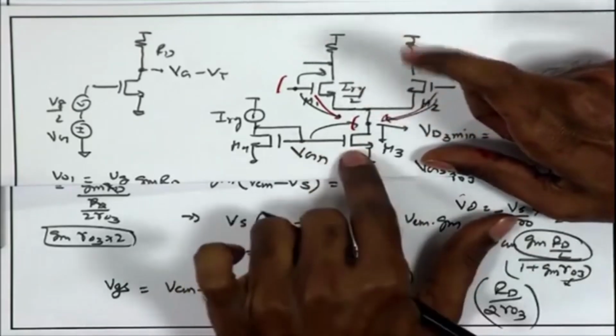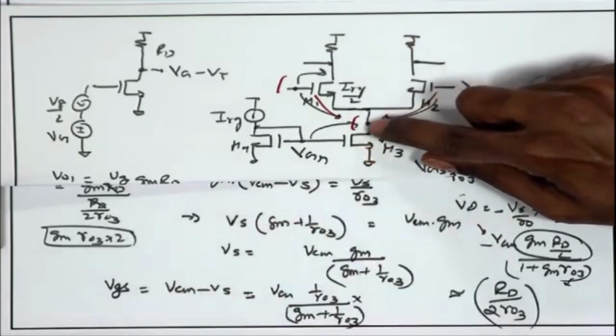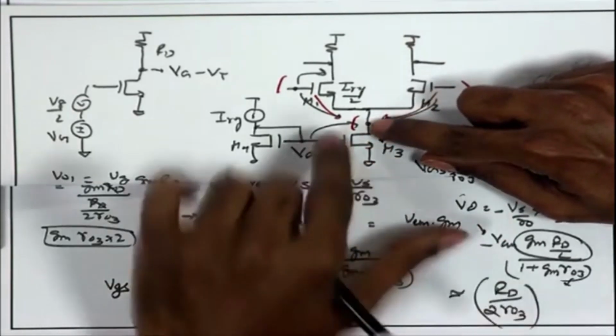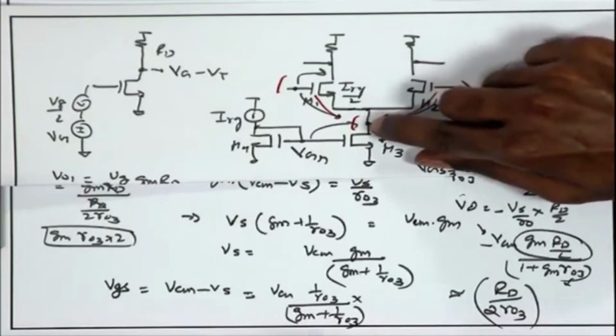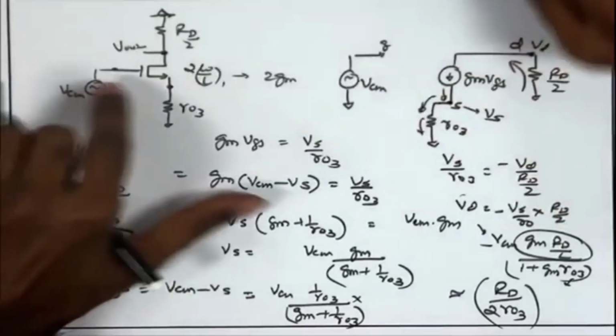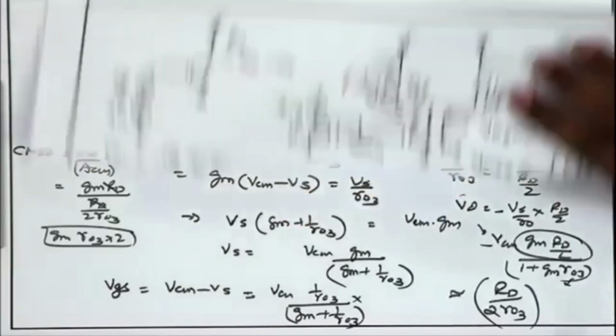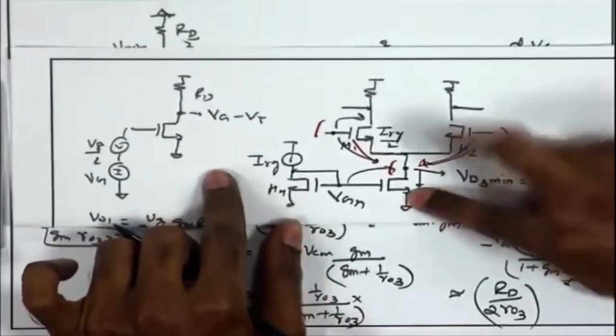But once again I can make the W of M3 large, because from the point of view of AC, it may not give you a problem as far as the differential signal is concerned. But once again, if I talk about common mode response, if this is the common mode half circuit and if I am trying to make M3 very large, what happens?